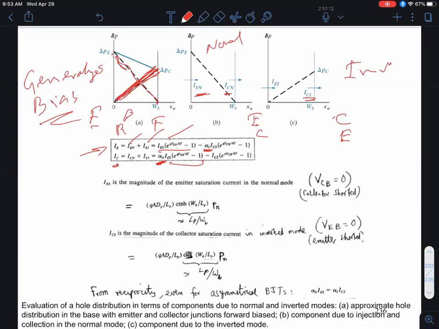But then if I was to bias the collector base junction forward bias, you get a diode current, which works against that. Similarly, for the emitter current, that's my normal emitter current for the forward bias junction. And then if I was to operate in the inverted mode, I get this. So I get a linear superposition of these currents.